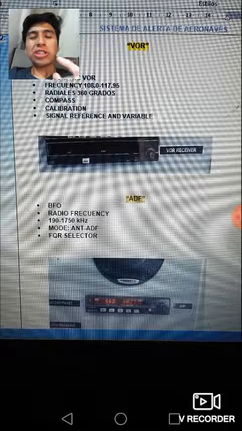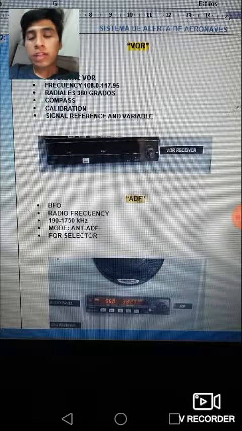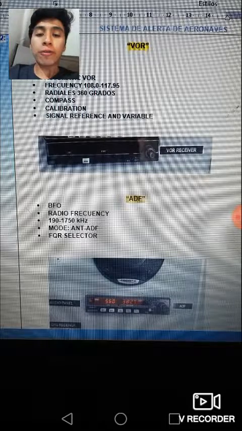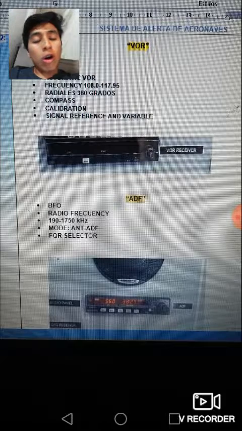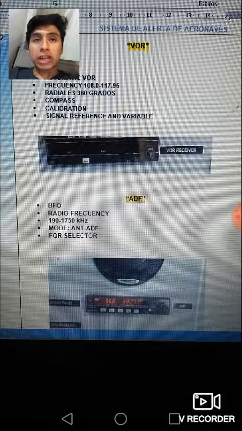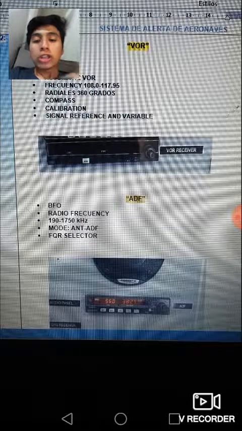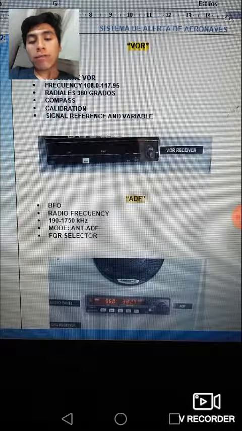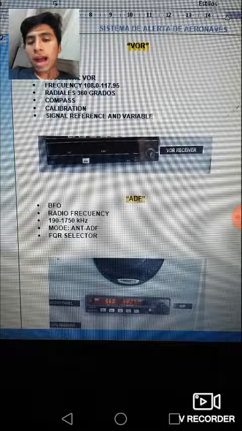The difference between ADF automatic and VOR manual is that when you use automatic, the frequencies of different or plenty of stations on the ground obtain information and tune this frequency automatically. It's not necessary that you verify around the aircraft whether there is a station.